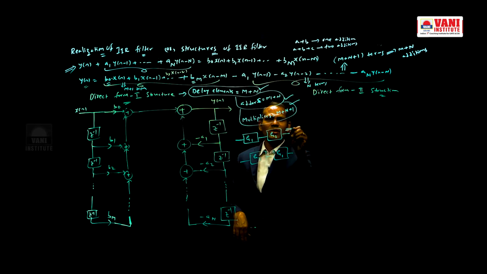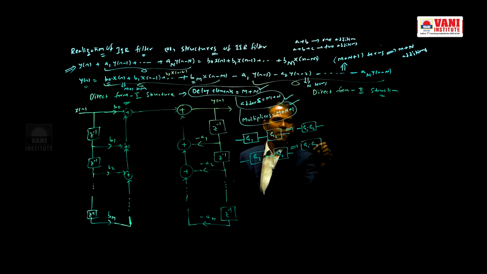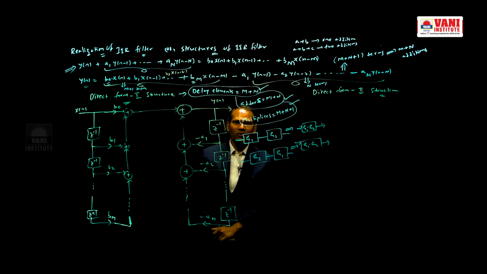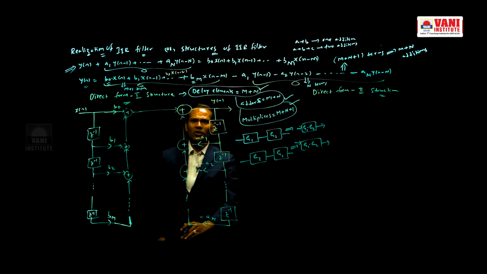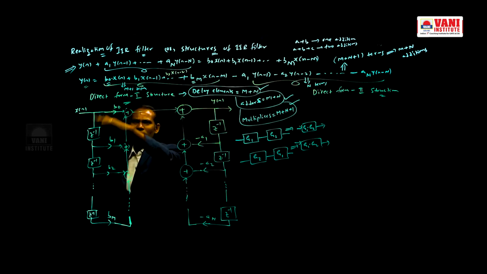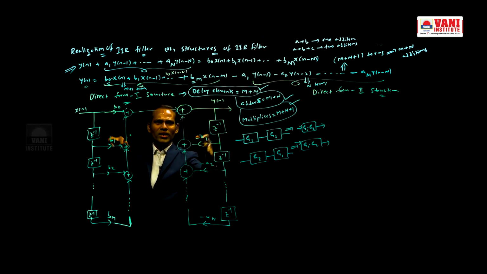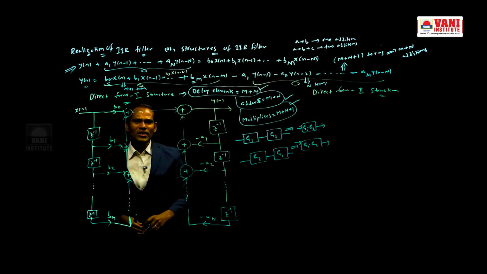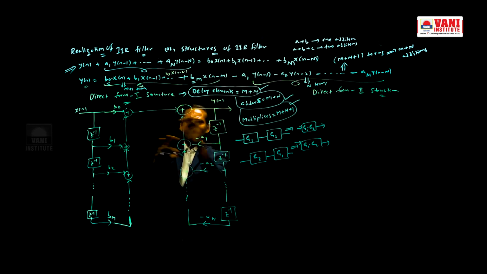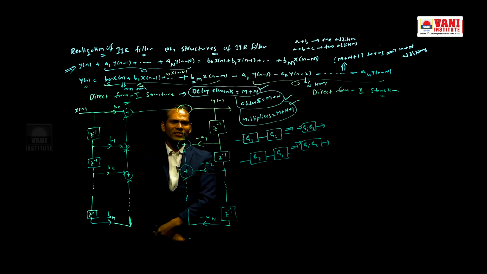The reason is both will be equal to G1 into G2. Both are equal to G1 into G2. That is why we can always interchange two blocks according to block diagram algebra. So this is one block and this is another block, so we can interchange. So that is the direct form 2 structure. If you interchange, that is the direct form 2 structure.